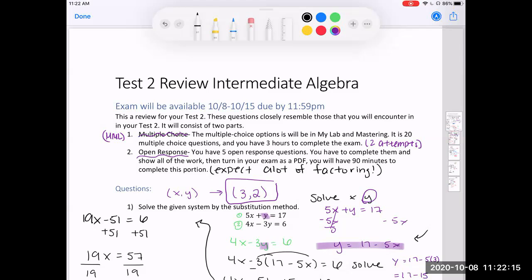So what's my biggest advice for you so that you can do well on your test? Do all of your homework. Homework is the most important thing you can do because that's when you practice it. So once you've done all your homework and you feel confident about what you know, then I want you to go back and do this review.